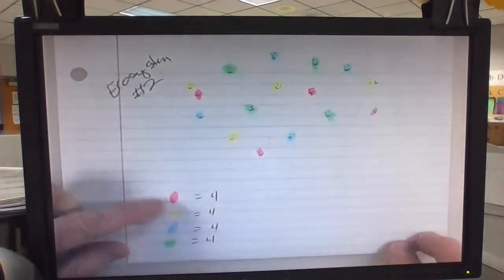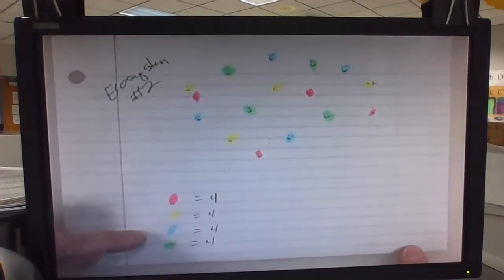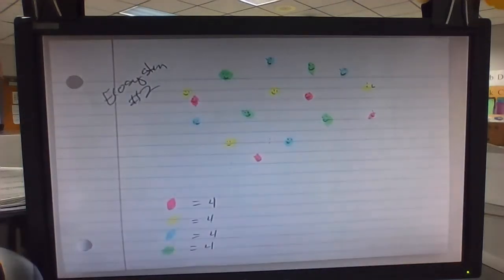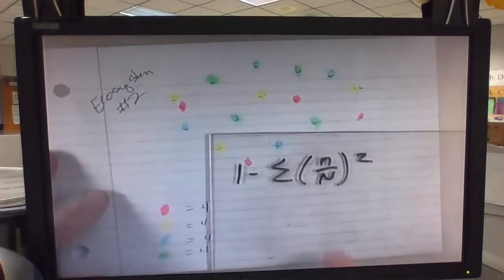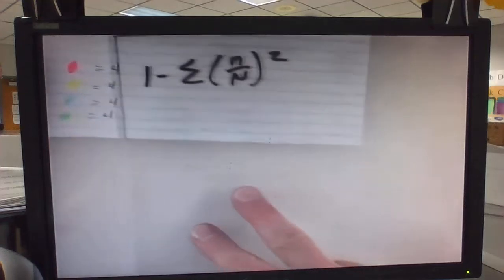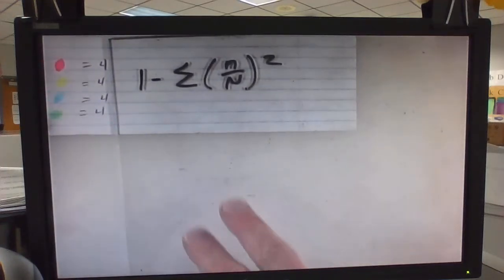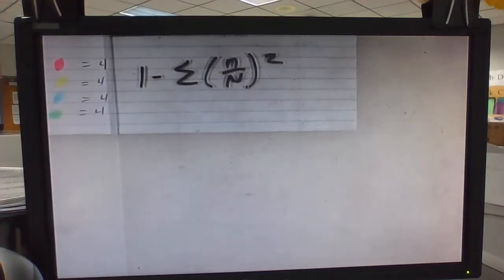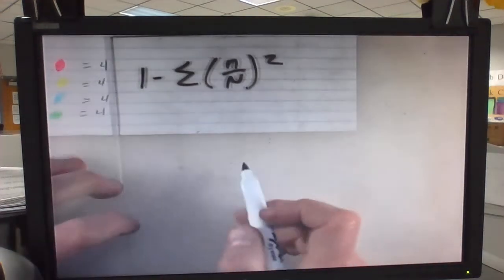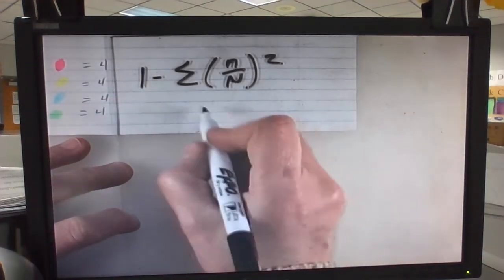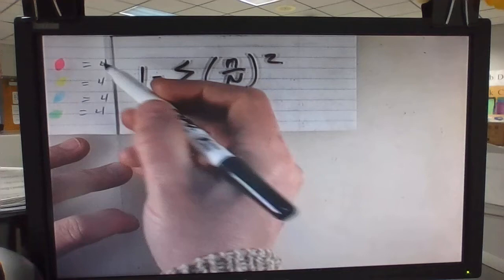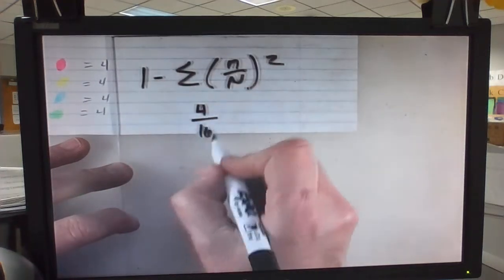So there are 4 pink, that's one species, 4 yellow, that's another species, 4 blue, 4 green. Right, we're going to apply the diversity index again. So I have 4 pink, 4, 4, 4, 4 out of 16 total.